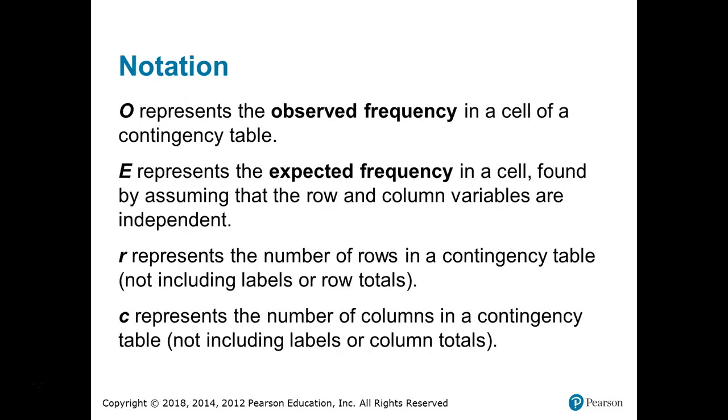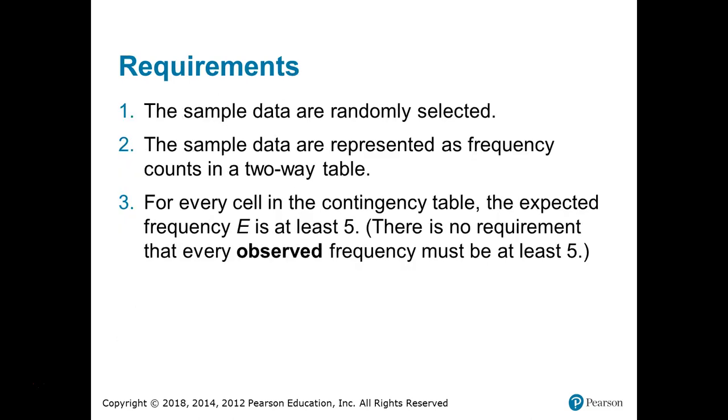To go through the notation, O is the observed frequency, E is the expected frequency, R represents the number of rows, not including labels, so rows of data, and C represents the number of columns, again not counting the titles. The requirements are a random sample, arranged in a two-way table, and the expected frequency must be at least 5.